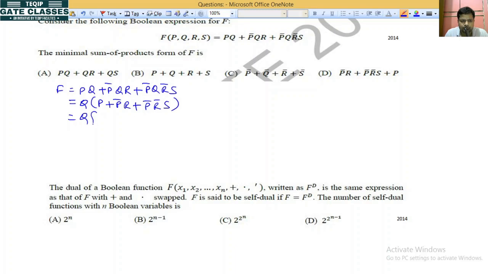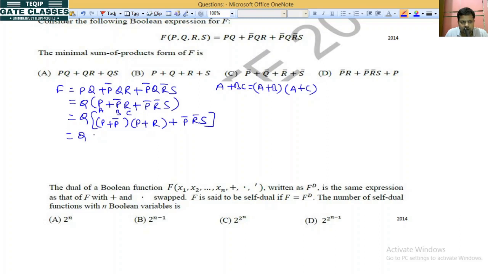Now if you want to write here, it is a, it is b, it is c. A plus bc is (p plus p bar) and (p plus r), because a plus bc is equal to (a plus b) and (a plus c). Then we have plus p bar r bar s.